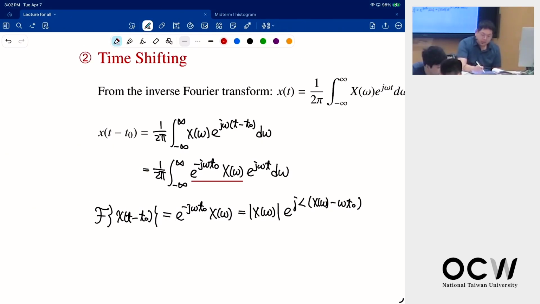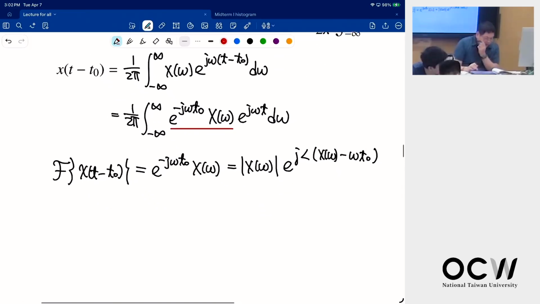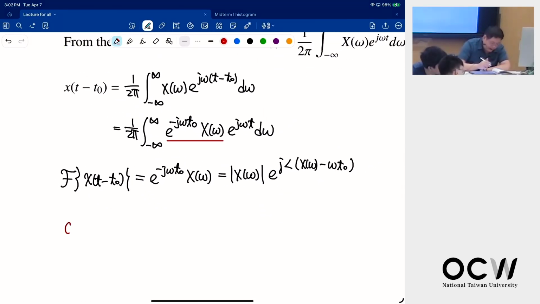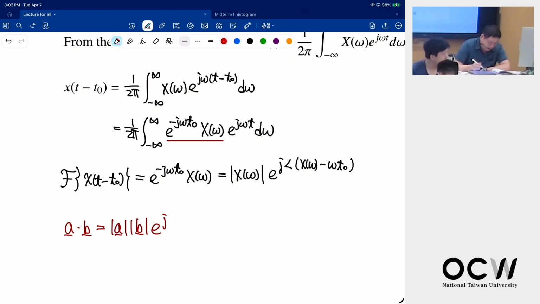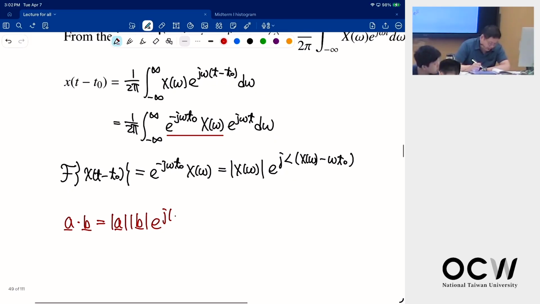Remember, if I have two vectors A and B, and take the product, that means the magnitude of A times the magnitude of B, and the phase will be, suppose the phase for A is theta and the phase for B is phi, then theta plus phi.